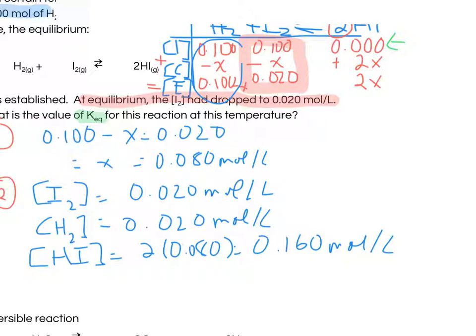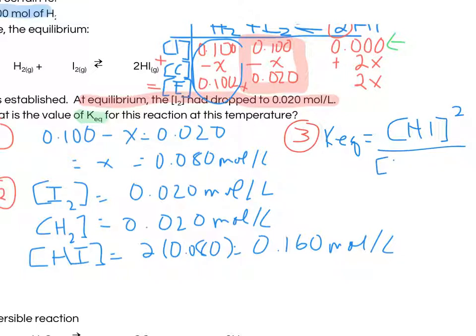So this I'm going to call step 3. I know that Keq is going to be equal to the concentration of HI squared over the concentration of H2 times the concentration of I2.